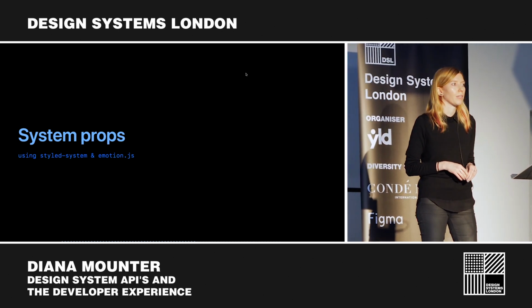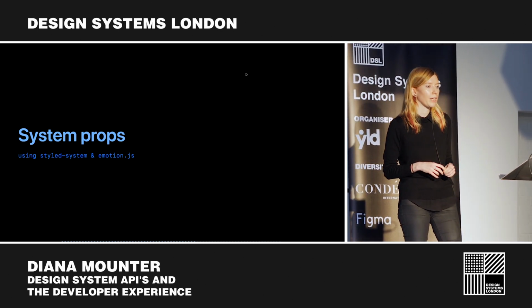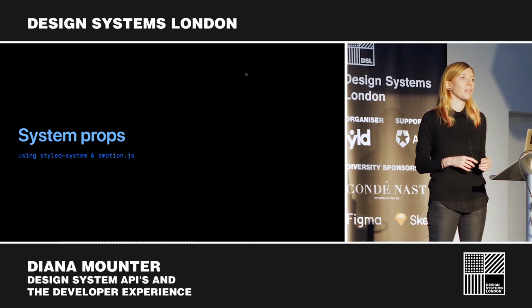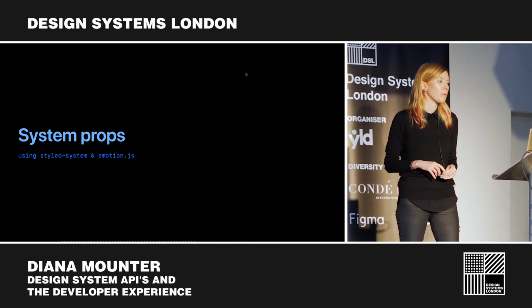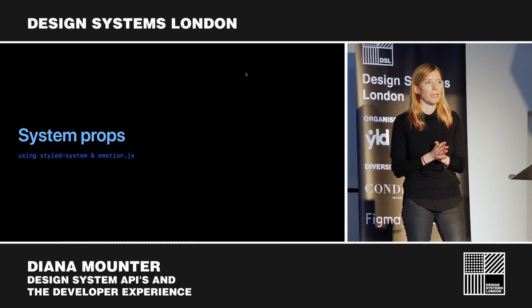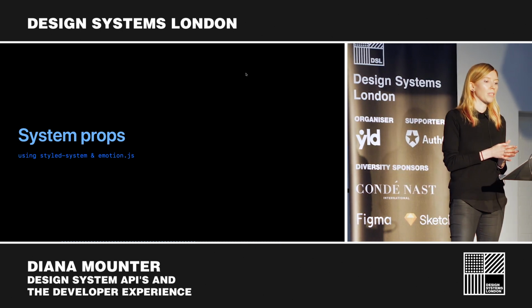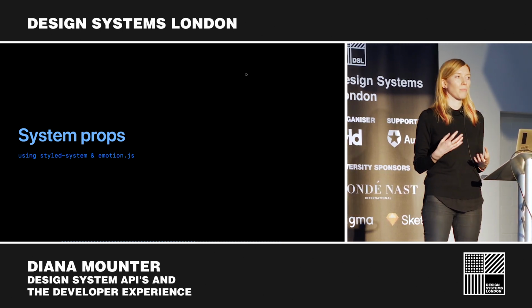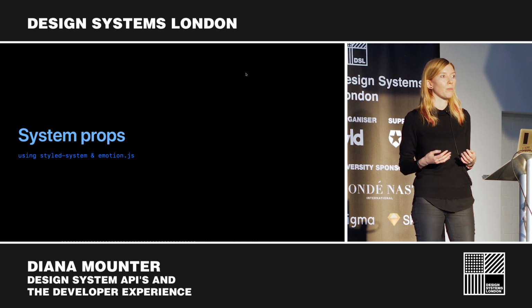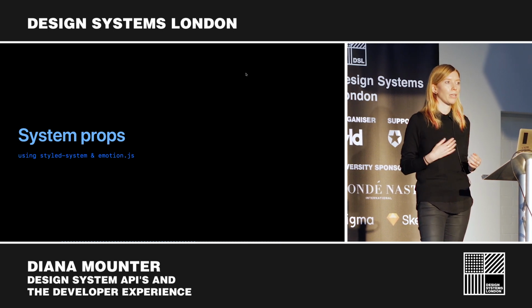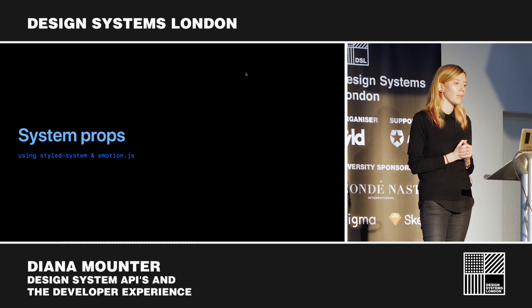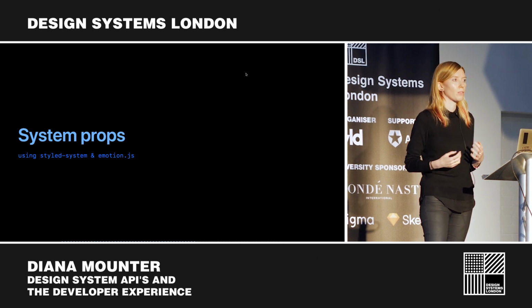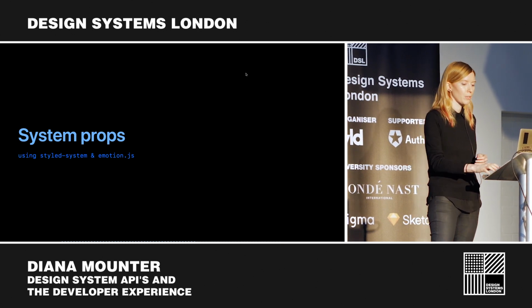One of the things that we ended up exploring to help with this was system props, which we built with Style System and Emotion.js. We started to struggle with achieving that kind of flexibility with our theme, with just applying the Primer CSS class names. And so we turned to a CSS and JS approach.